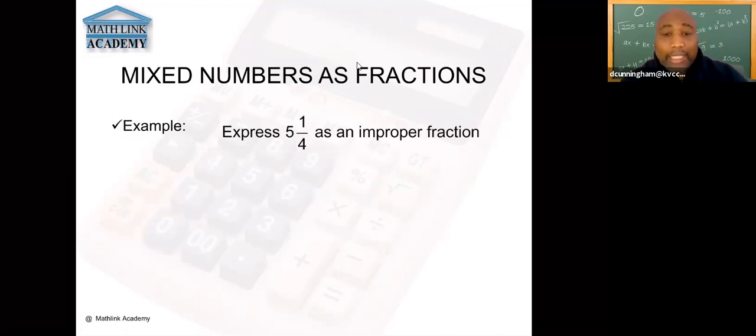It can be written as an improper fraction, but it's a mixed number because it has a whole part, which is the 5, and a fraction, which is the 1/4. Now, how do we make this an improper fraction? Because we can convert this to an improper fraction. So I'm going to go to our whiteboard and I'm going to show you how we can make 5 and 1/4 an improper fraction, as we discussed earlier.